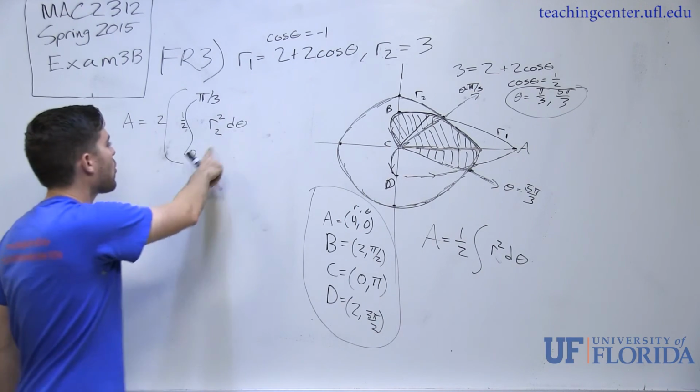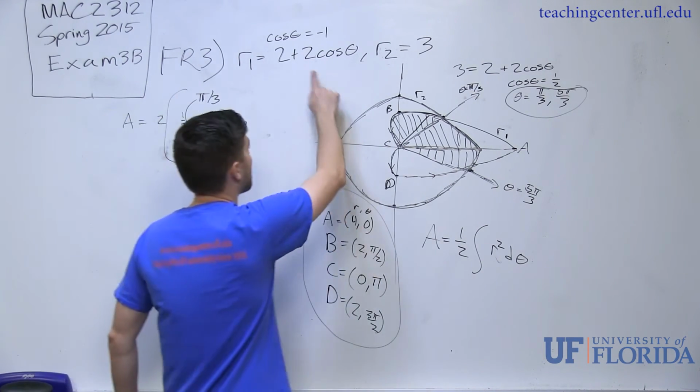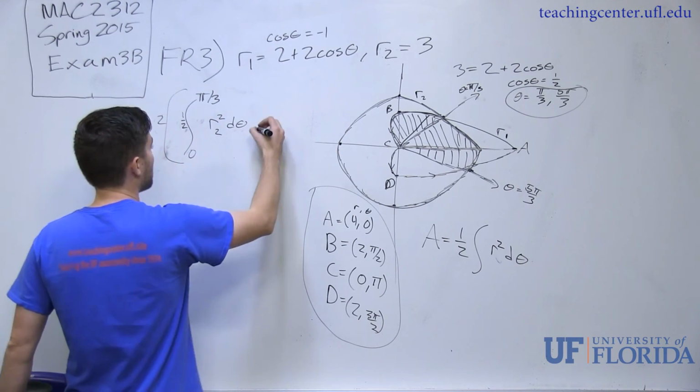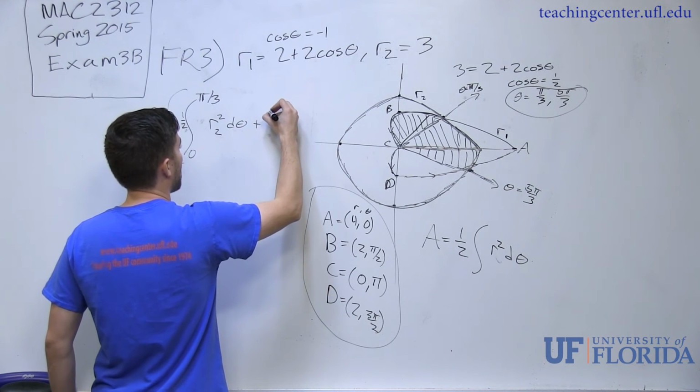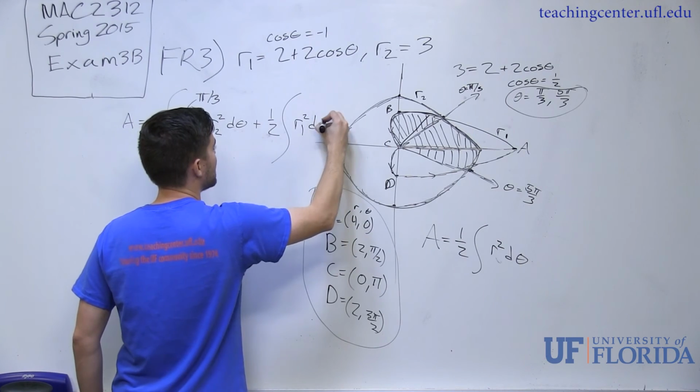So therefore, R2 is no longer my radius function. My radius function is now going to be R1. And to figure out where that's from, let's go ahead and write 1/2 integral R1 squared d theta.